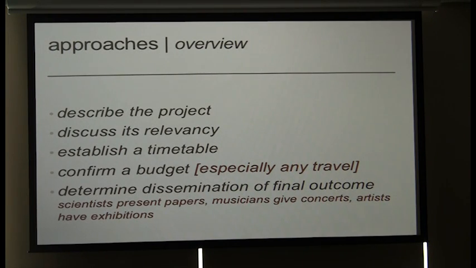Determine the dissemination of your final outcome. You know, how is this going to contribute to the bigger picture, to the conversation, to your local community, to the global community? Typically, scientists will publish a paper. They might give a talk on their stuff. Musicians tend to give concerts, and artists tend to have exhibitions. Those are just general ways to think about it.